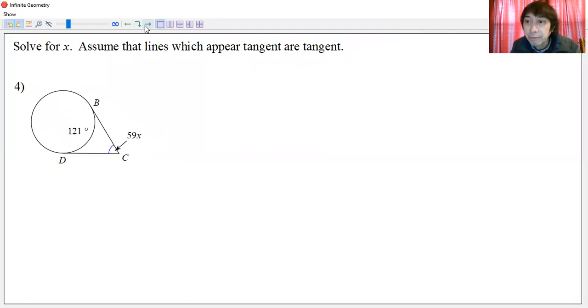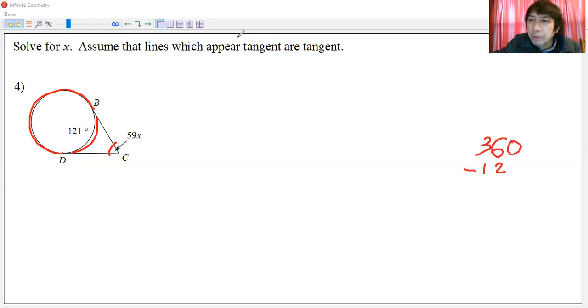Okay. The same configuration, 2 tangents intersecting outside the circle. And we will still follow the same concept. This arc minus this arc divided by 2 must be equal to this angle. Okay, so first we shall get the bigger arc. The bigger arc will be 360 minus the smaller 121.